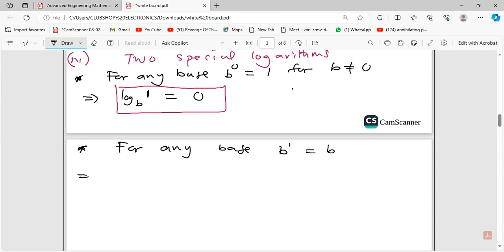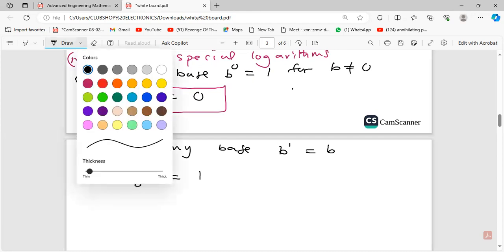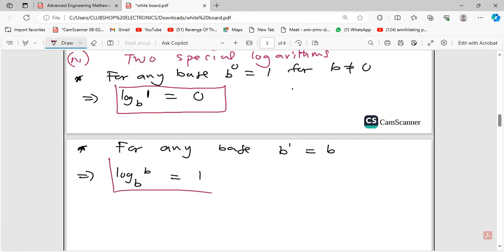Now, if we apply the logs, we'll say log, our base is b, of b is equal to 1. Implying therefore that log of base b of b is 1. That is log base 3 of 3, the answer is 1.